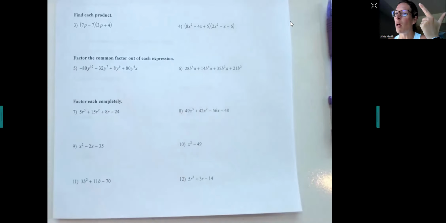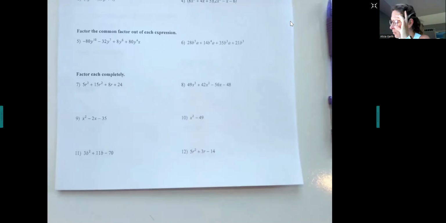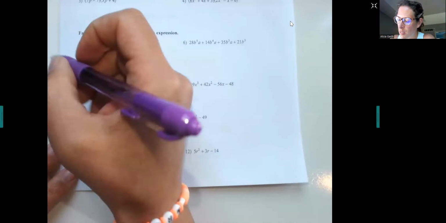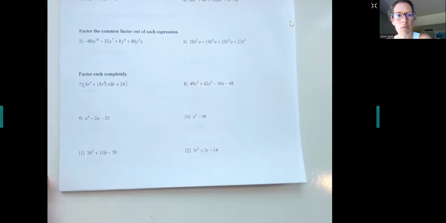You'll see that in number 12. Number 7 and 8, the way that you're going to do something like that is you're going to put parentheses around your first two terms and your last two terms. And then you're going to factor out the greatest common factor. Again, the highest number and the highest variable that can come out. Again, you're going to see that in number 12.